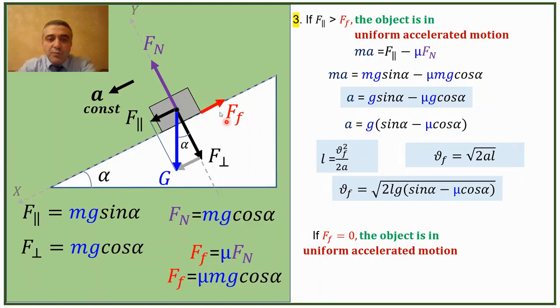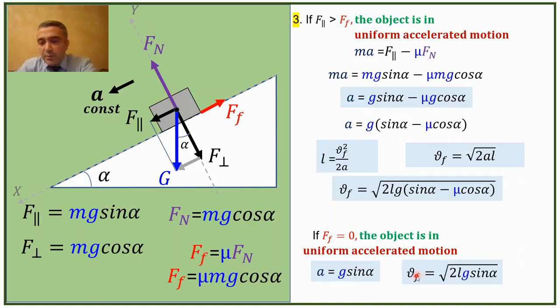And if the friction force is 0, this surface is frictionless, so the resultant force in this situation equals only the force parallel. The force parallel equals ma, and we can see from here that a equals g sine alpha, so mu g cos alpha becomes 0 because the friction force equals 0.